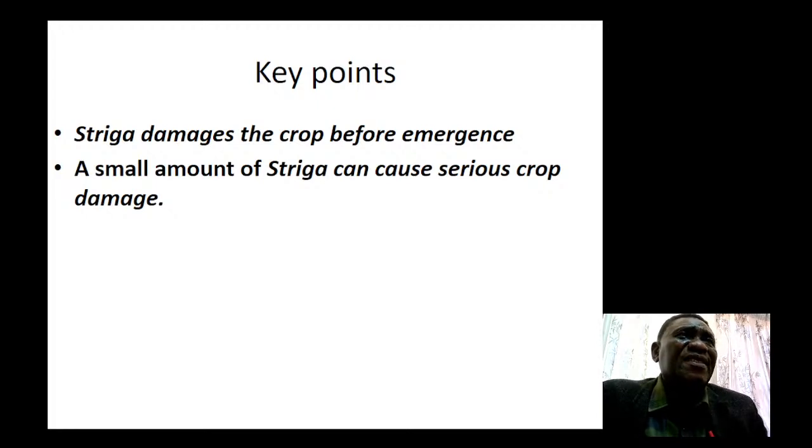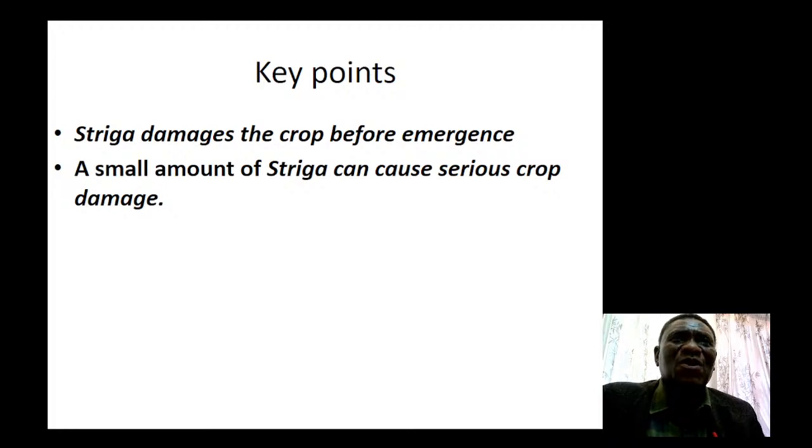So the key points to know is that Striga damages the crop before emergence. This can limit our mechanical methods of weed control. And also, a small amount of Striga in a field can cause serious damage. So, even if we see few plants, we may say take action.